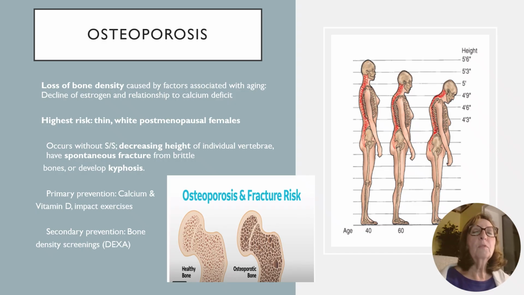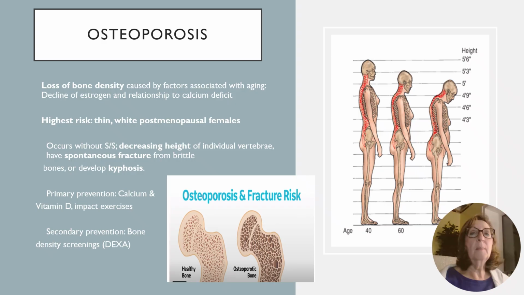Another thing that can help prevent osteoporosis is impact exercises or weight-bearing exercises. And I mean, not necessarily having your 80-year-old grandma go to the gym and start lifting weights, but even walking is considered an impact exercise or a weight-bearing exercise. So if you could get them to get up and take a walk, even 20 or 30 minutes a day is going to be helpful to help prevent that patient from developing osteoporosis.